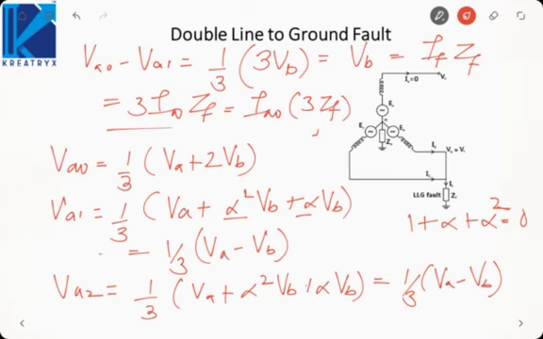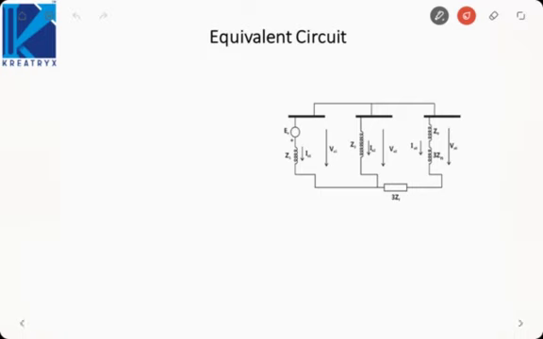Now based on the facts that we have derived in the sequence components of voltage and current, let us draw the sequence networks. Here the positive and negative sequence networks are connected in parallel because we derived VA1 equal to VA2. But the current IA0 is flowing in the zero sequence network. By KCL, IA0 will flow here.